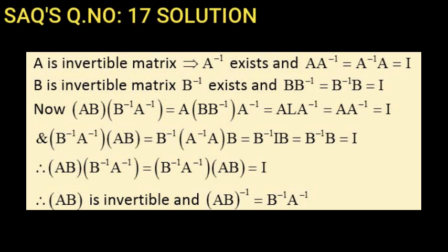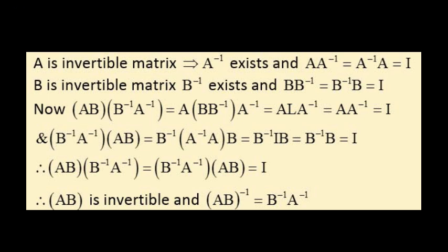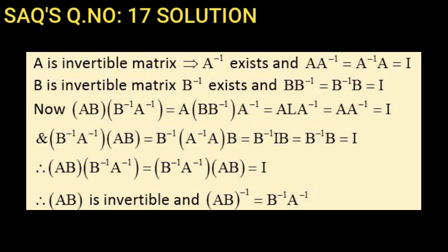For this, first we consider AB into B inverse A inverse. That is equal to A into B B inverse into A inverse. Here B B inverse is equal to I. Therefore A A inverse is equal to I. Similarly, consider B inverse A inverse into AB.